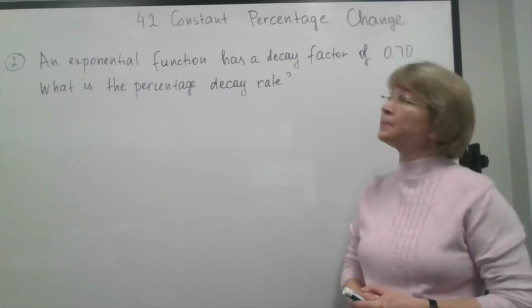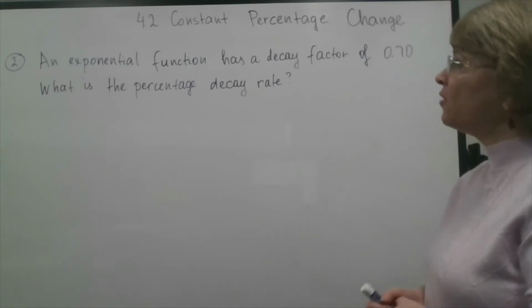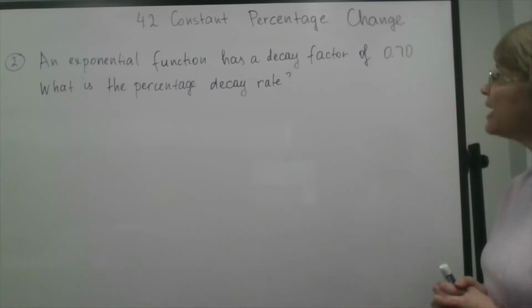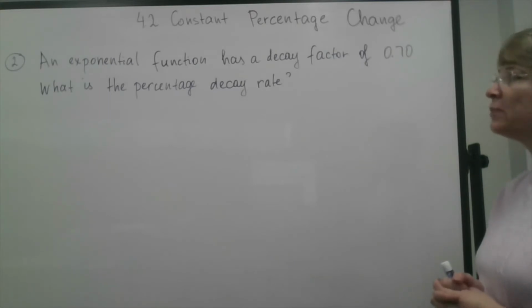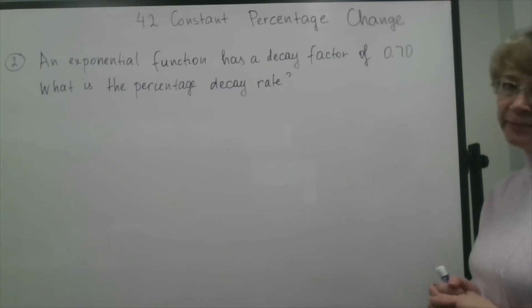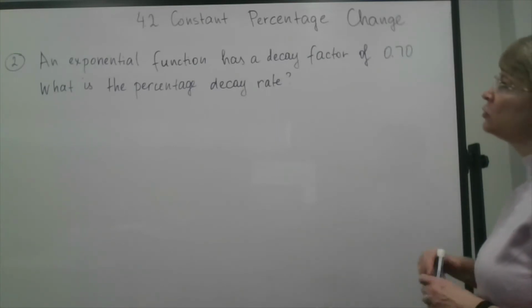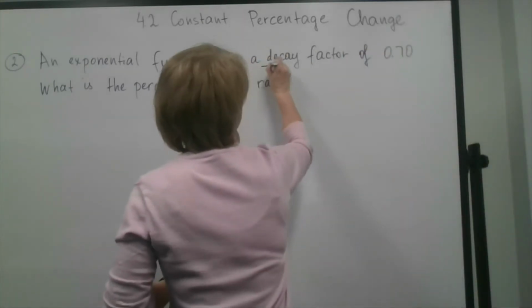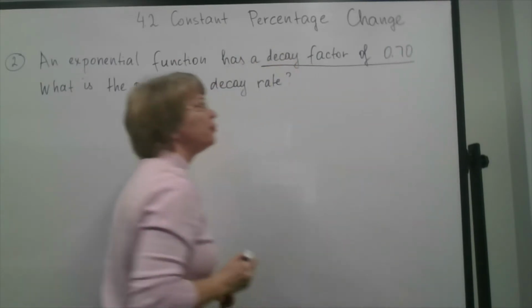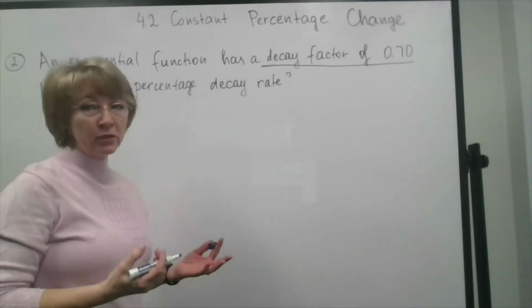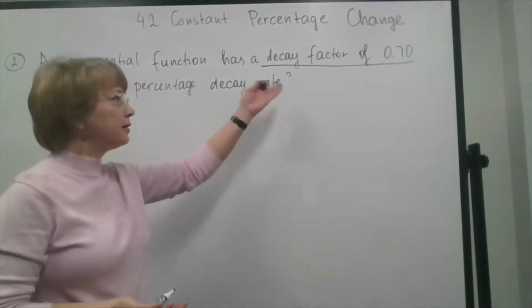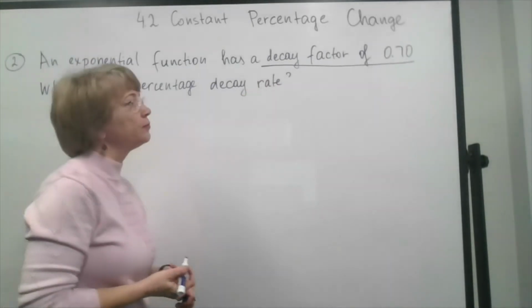Next example. An exponential function has a decay factor of 0.70. What is the percentage decay rate? Okay, let's read again. An exponential function has a decay factor of 0.70. It's a good idea to read the problem and underline the important words.